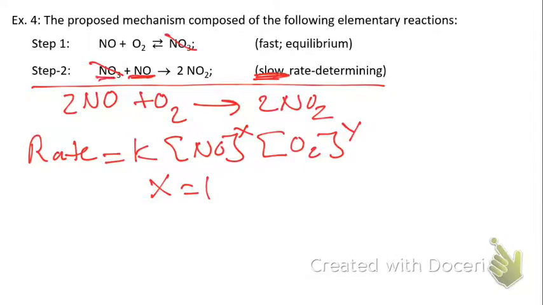And it also contains NO3. Uh-oh, NO3 is not part of the rate law. It's not a real reactant. All right? However, we do produce NO3 in the first step. Well, we can only do that if NO and O2 in the first step react together.